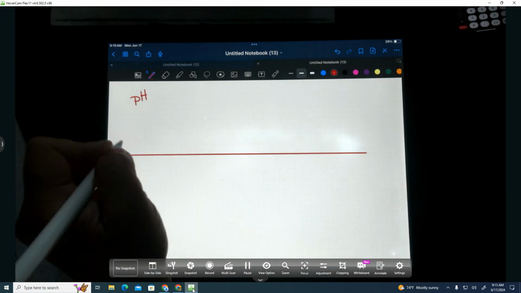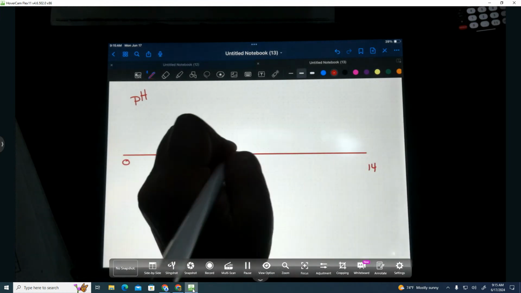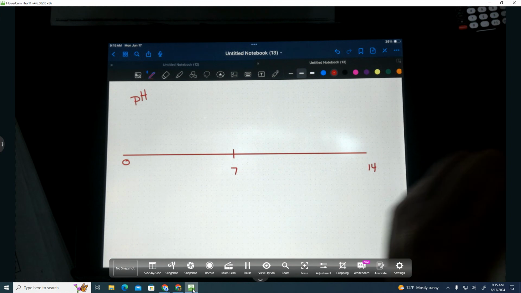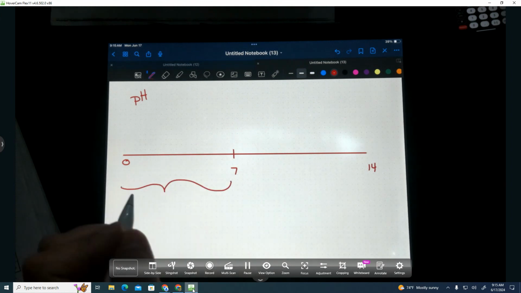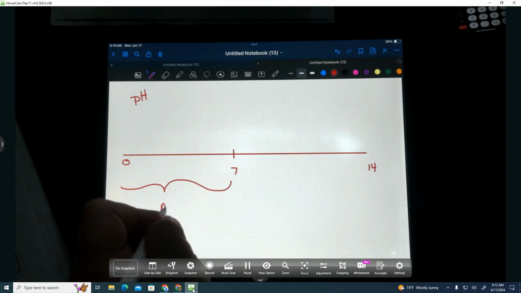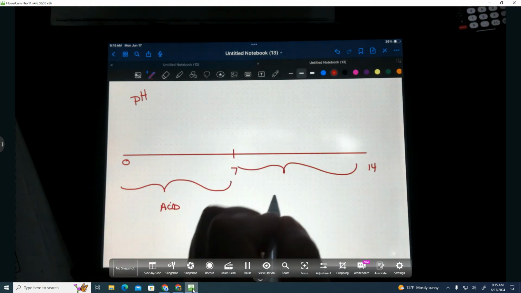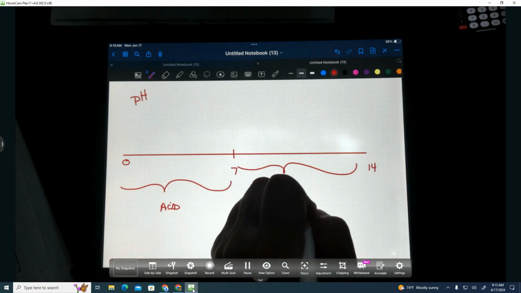All right, let's talk about the pH scale for a second. 0, 14, 7 being neutral. If you are lower than 7, between 0 and 7, you are an acid. If you are above 7, from 7 to 14, you are a base.